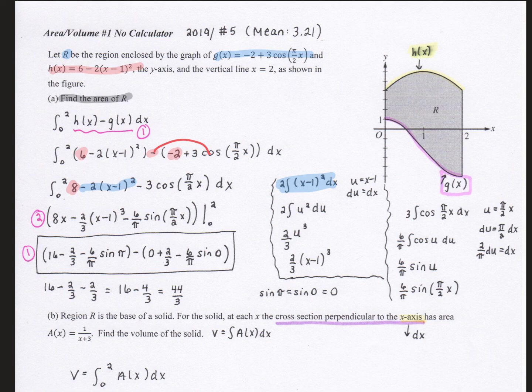So this is my u substitution work over here on the right, which finds that antiderivative of 2/3 times the quantity x minus 3 cubed. So that comes to this part right here. And for my other part, my last term, again, I need to do u substitution and let u equal that pi over 2 x. And I've done that work over here off to the side.